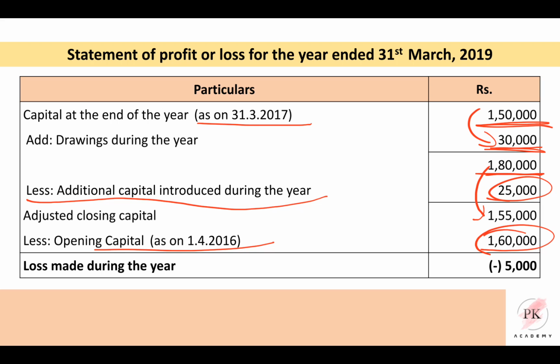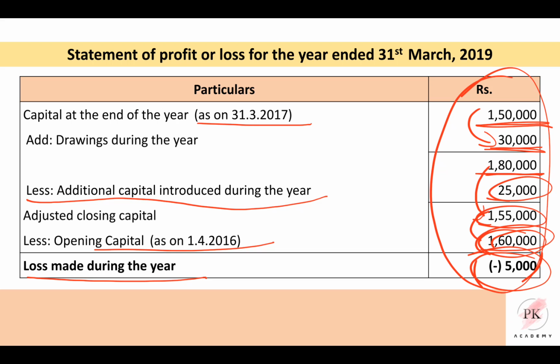Even here there is a greater number on one side and a lesser number on the other, so the difference will be loss. A negative number is nothing but loss made during the year. So if you are confused calculating loss this way, then you can just open a capital account, find out the difference and put it as loss.